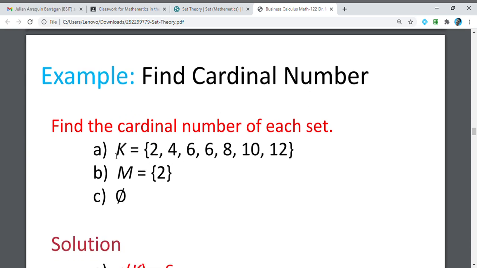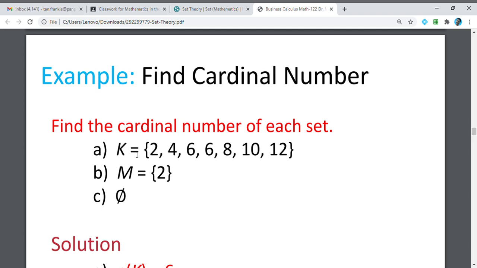Find the cardinal number of the following. We have set K. Set K has the following elements: 2, 4, 6, 6, 8, 10, and 12. As mentioned, when we talk about cardinal number, elements should not be repeated because repeated elements are just counted as 1. Then we have set M equal to {2}. Then we have here an empty set.